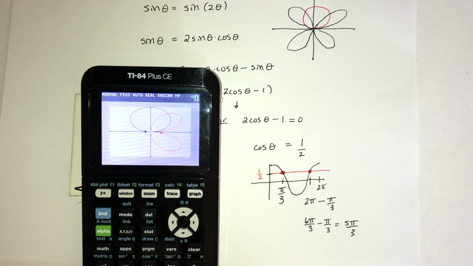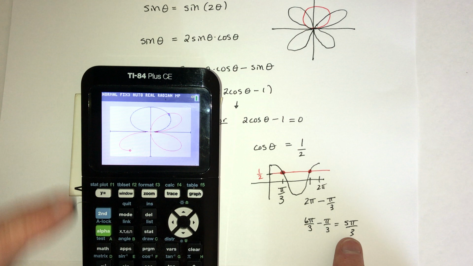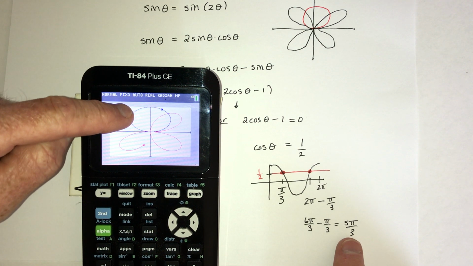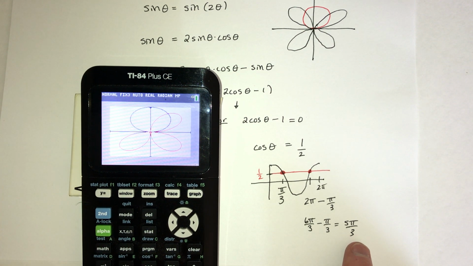That should be pi because it's halfway done with the graph. And then I'm wondering about this answer, 5 pi over 3. So by the time they get to right here, are they going to get to the same place at the same time? Oh no, they're going to crash. It worked. They actually did get to the same place at the same time. So I'm pretty sure that's this 5 pi over 3.